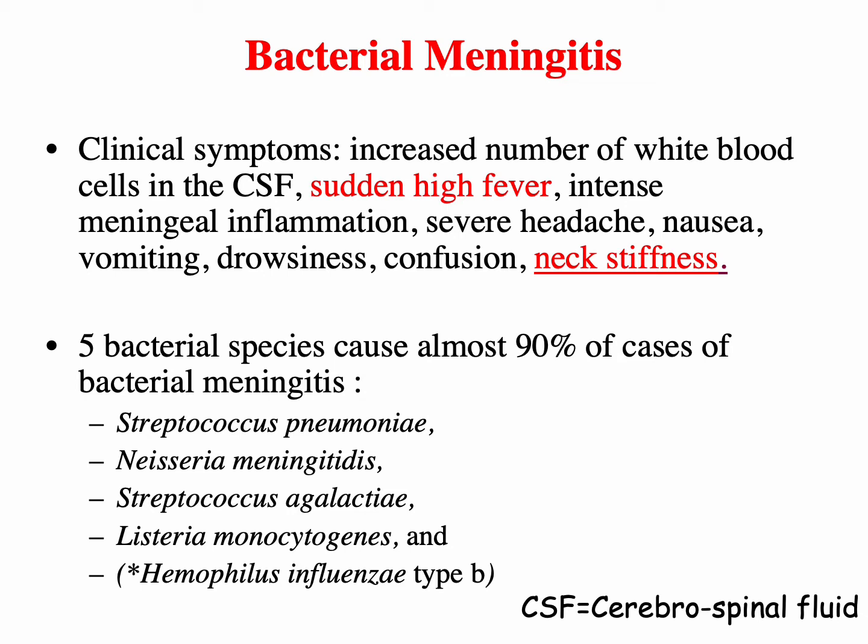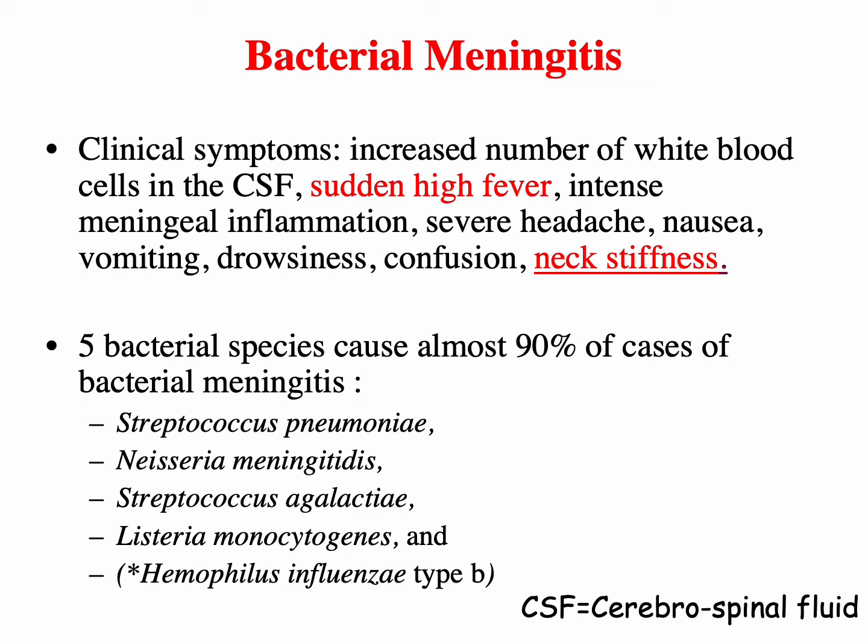Then obviously, to confirm that, you need to do more work, that is getting the CSF, the cerebral spinal fluid. So the physician will tap into your spinal cord at the back and withdraw a little bit of that fluid.